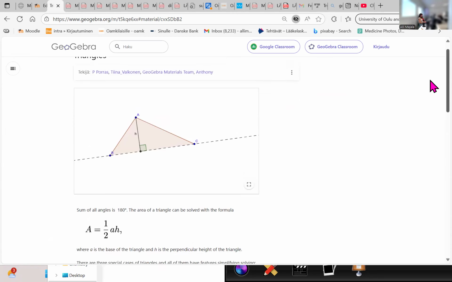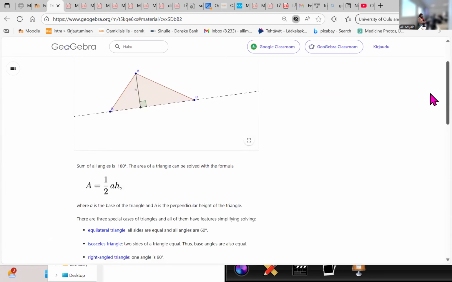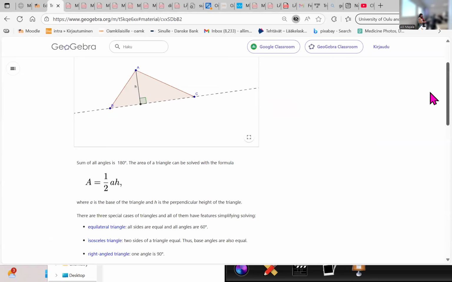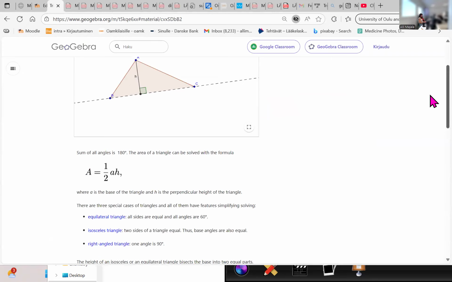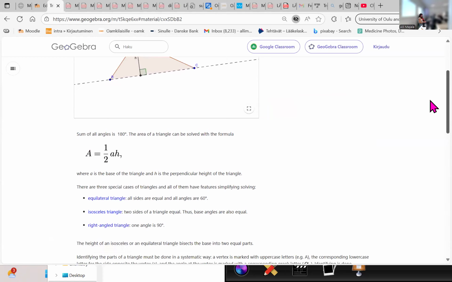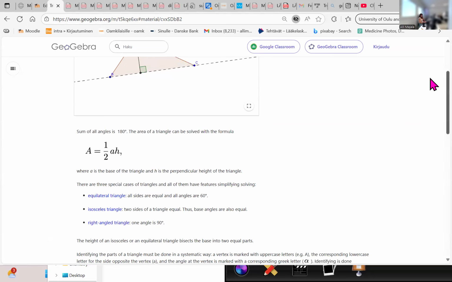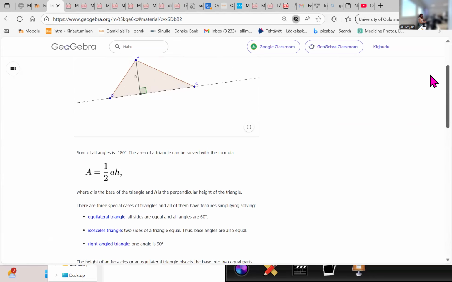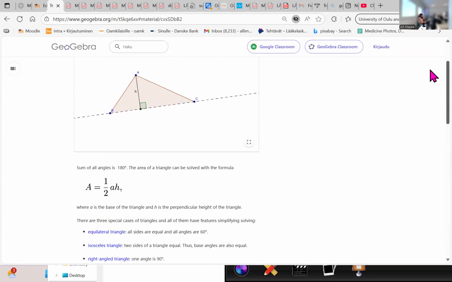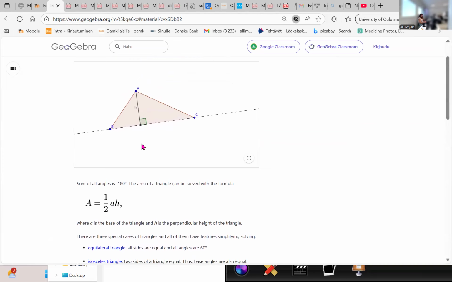Triangles, basically. The sum of all angles in a triangle is 180. The area can be solved with this kind of formula. The area is just you multiply with half.